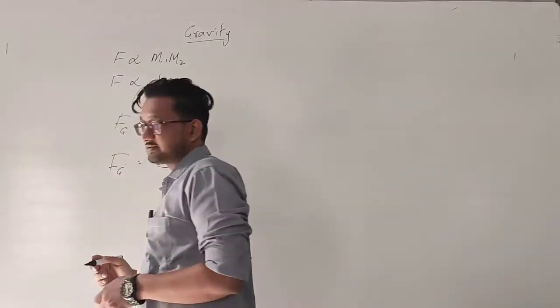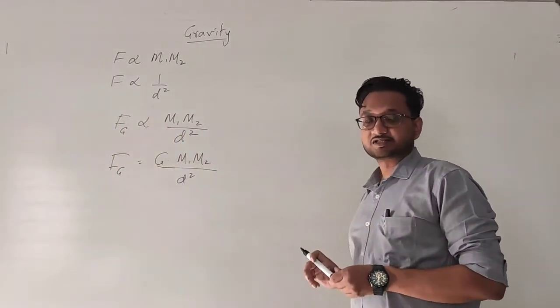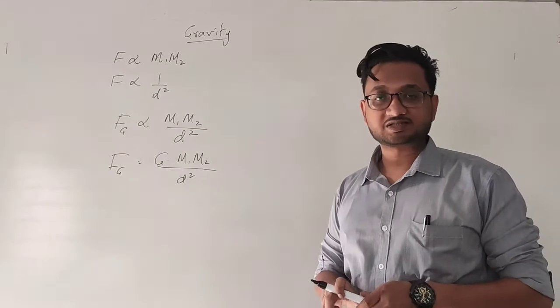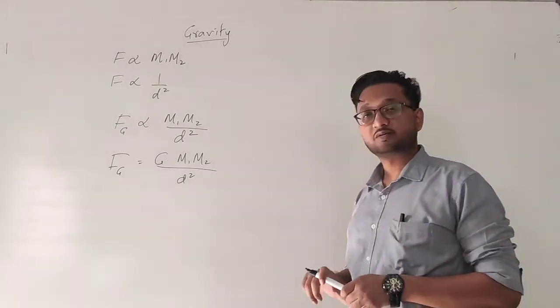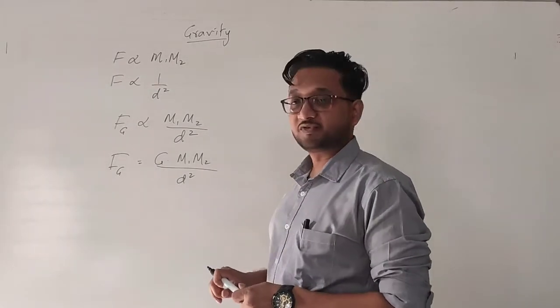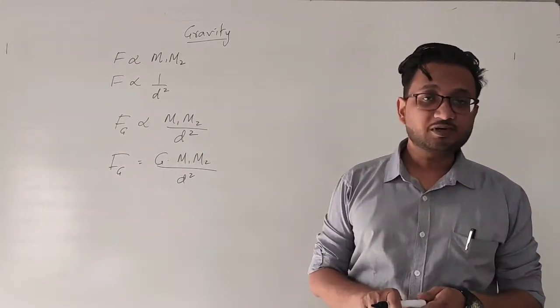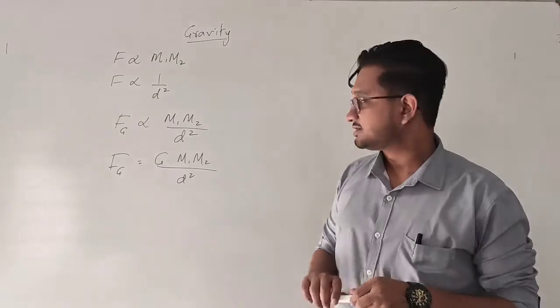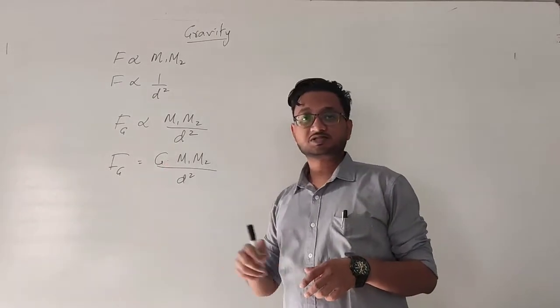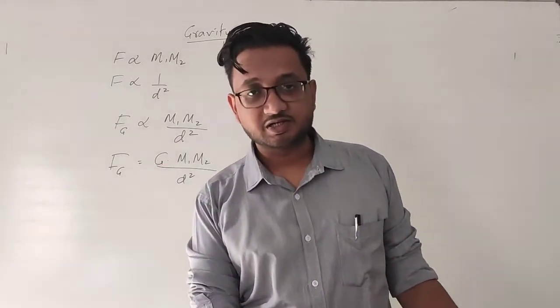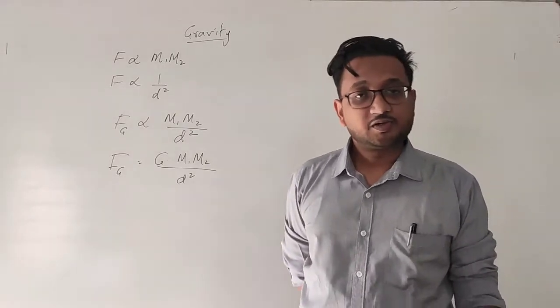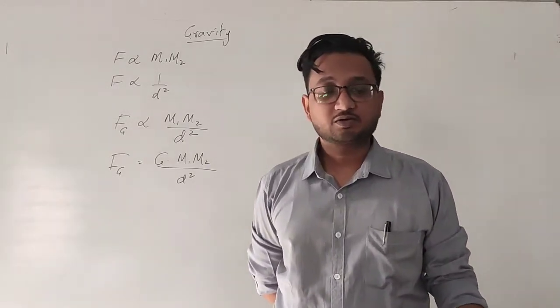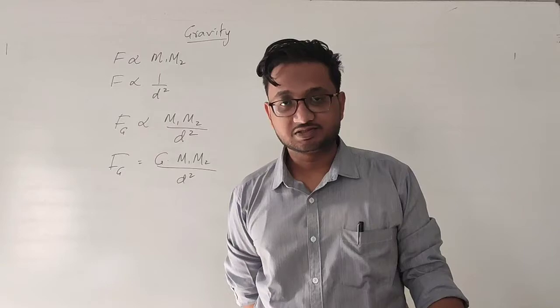Okay. And its value is 6.67 into 10 raised to minus 11 Newton meter square per kg square. We also know that it is called universal gravitational constant because anywhere in the universe the value of gravitational constant does not change. I repeat once again, in the universe the value of gravitational constant does not change.